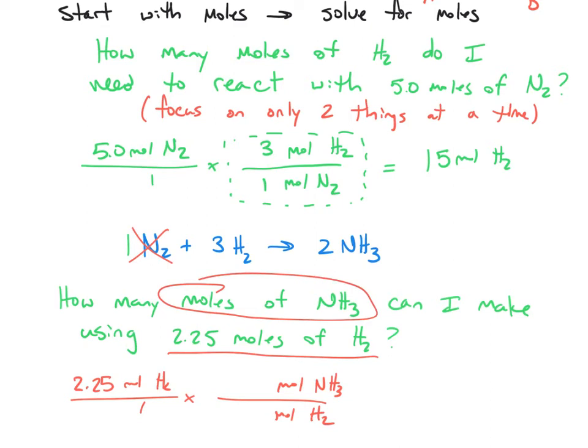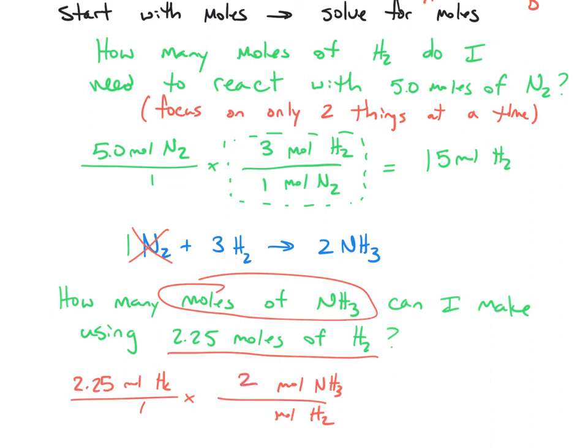So I'm underlining 2.25 moles and circling moles of NH3, which pretty much tells me or helps me set up my game plan. Now what I need to do is put in the coefficients from the balanced chemical reaction, and I need to put them in the right spot. And since NH3 is on the top of my dimensional analysis, I put 2 NH3s next to it.